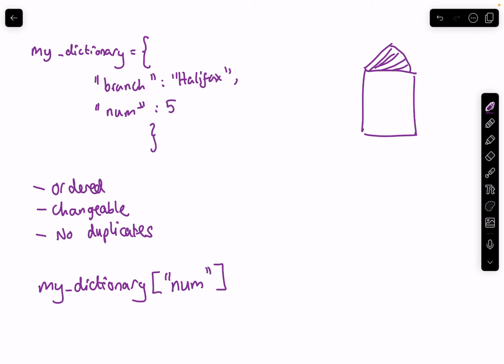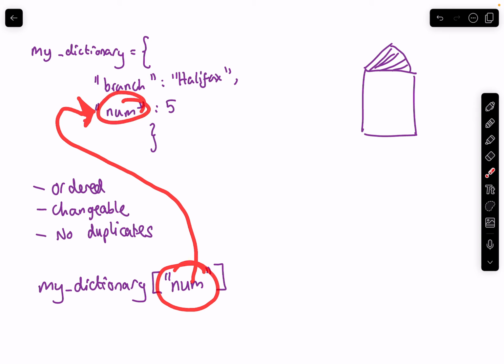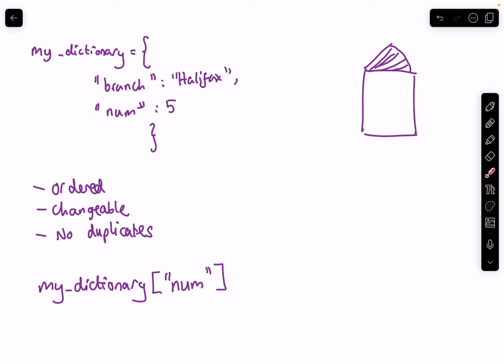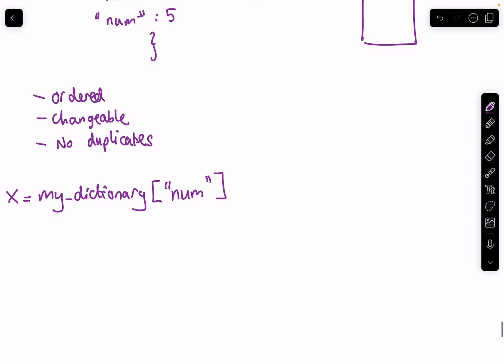It's going to look inside this dictionary for num and return that value. We could save this value into a box called x because it's returning a value. That's how we access a value based on a key.